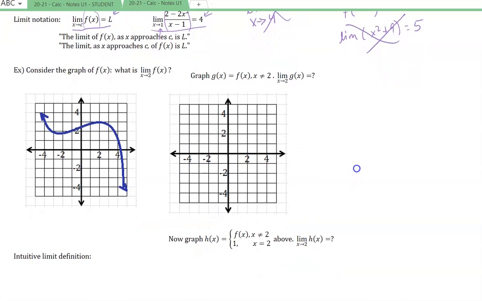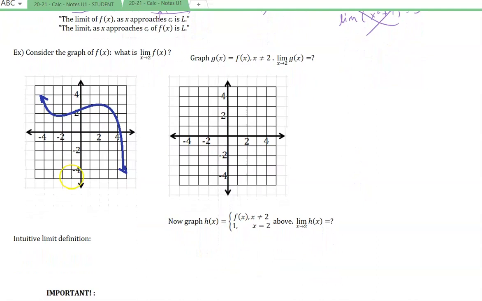Now, as far as what this means, let's look at this first example here. We have the graph of some function, and we want to know what is the limit of that function as x approaches 2. What that means is, as x is getting close to 2, so x is on your horizontal axis, as we're moving horizontally, we want to know what the function is approaching as our x coordinate gets close to 2.